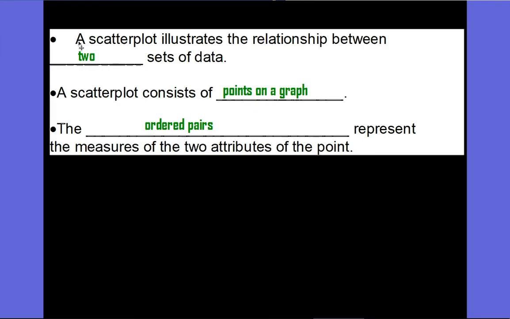So it says a scatterplot illustrates the relationship between two sets of data. A scatterplot consists of points on a graph, and the ordered pairs represent the measures of two attributes of the point. So make sure you always have that x and y value when you have those ordered pairs.